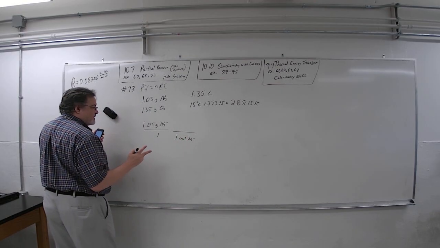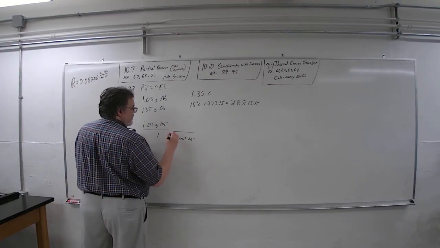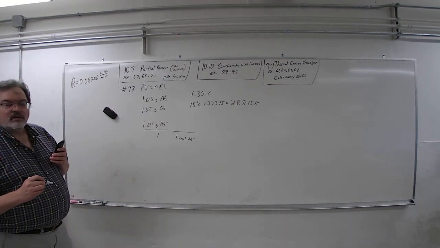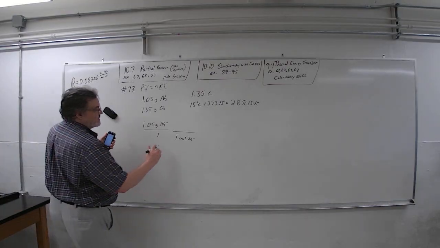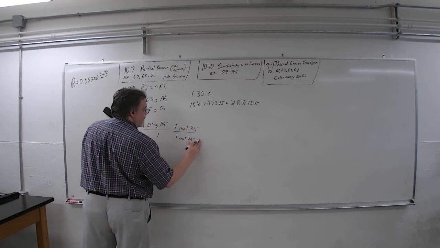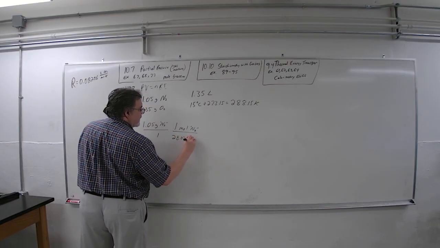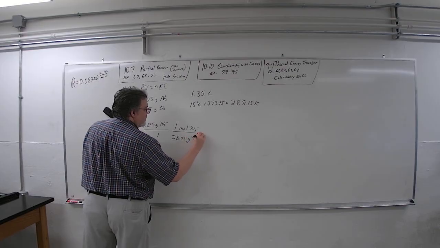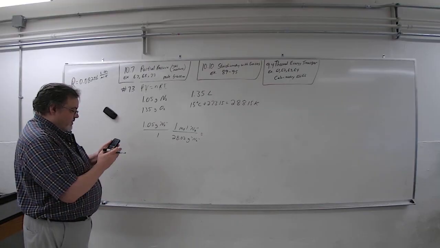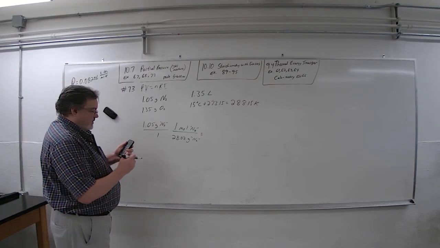So N2, there's two N's. It's going to be 14.01 plus 14.01. It should be greater than 72? Yes. The grams will be 28.02 grams of N2. So 1.05 divided by 28.02.